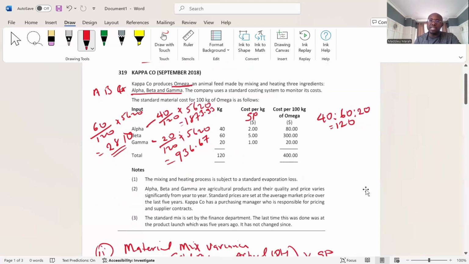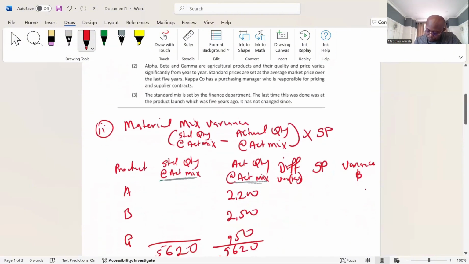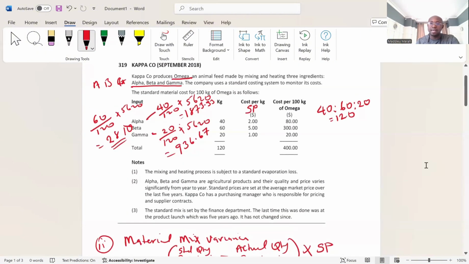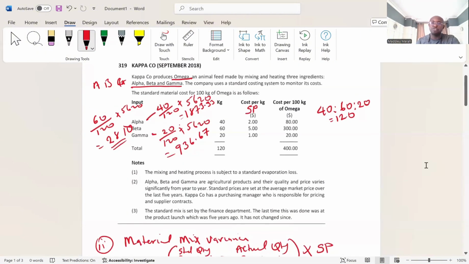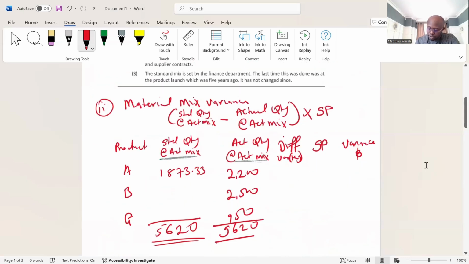For alpha, I have 1873.33. For beta, I have 2810.